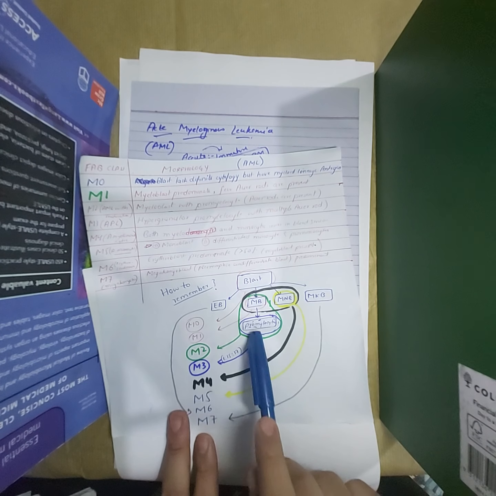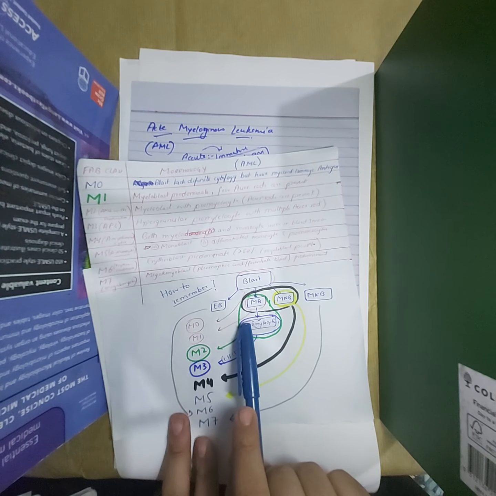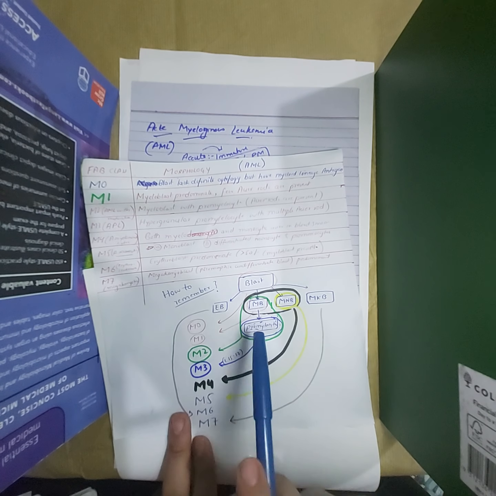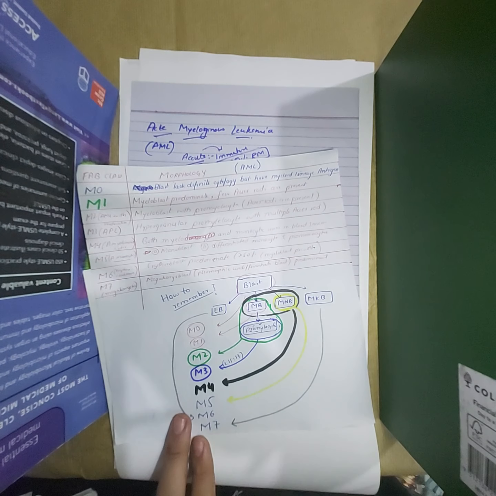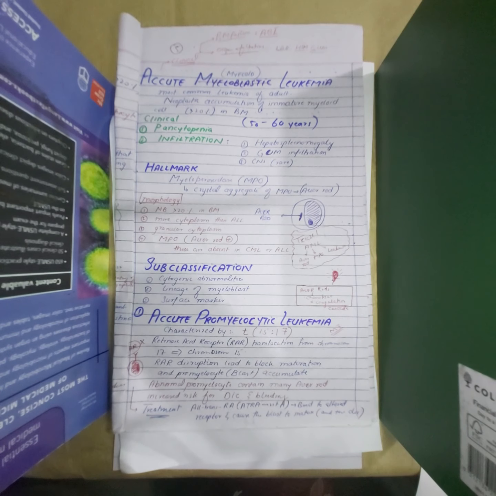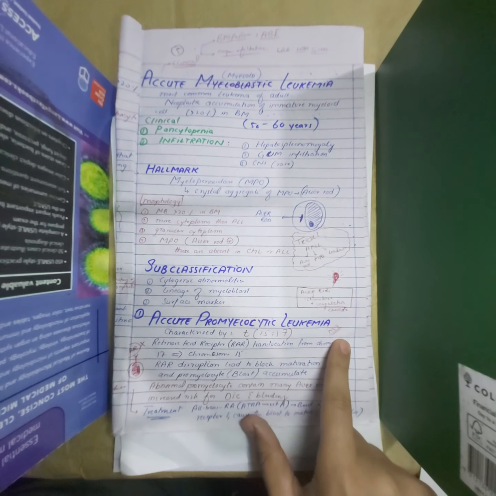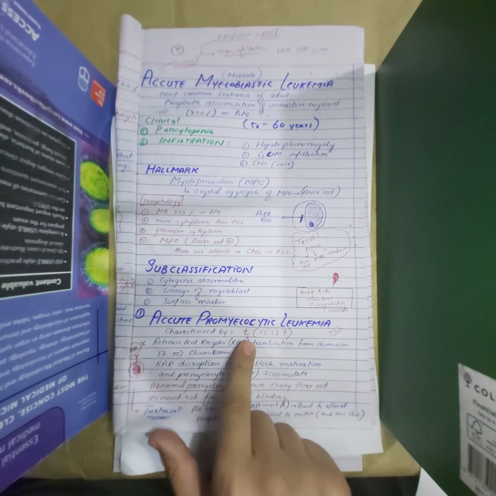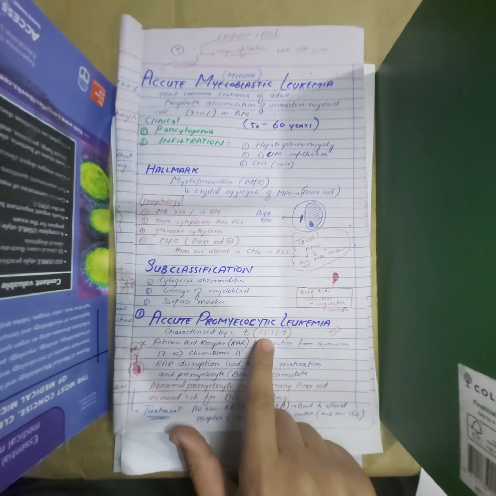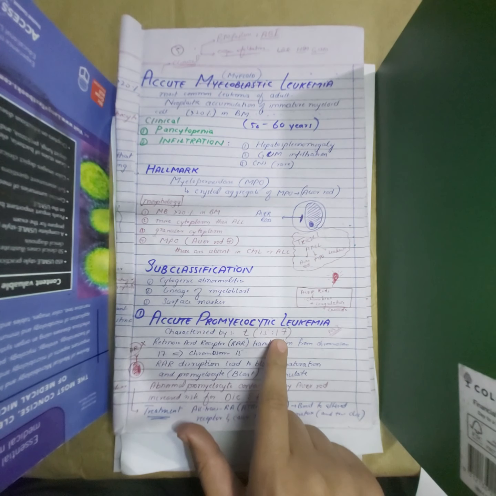I'm going to discuss the promyelocytic leukemia in detail because this is important from an exam point of view. As I told you in the FAB classification of AML, acute promyelocytic leukemia is M3, characterized by the translocation between chromosome number 15 and 17.